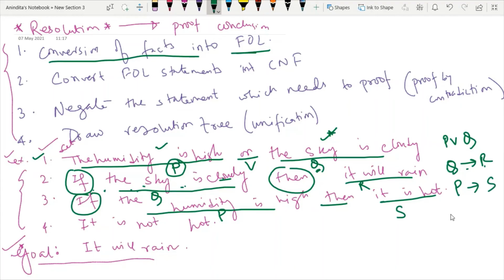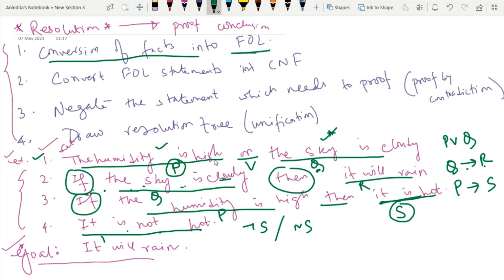So it will become P implies S. Now consider the fourth fact. It is not hot. It is hot means S. So it is not hot means not of S.